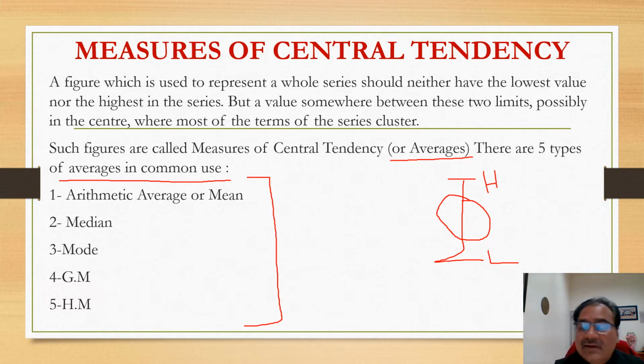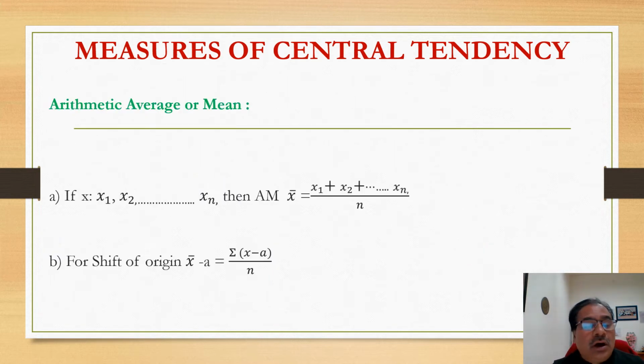The basic mean you know, and I'm not going to discuss it much further. For the arithmetic mean, if x1, x2, ..., xn, then the arithmetic mean x bar is summation of x divided by n.